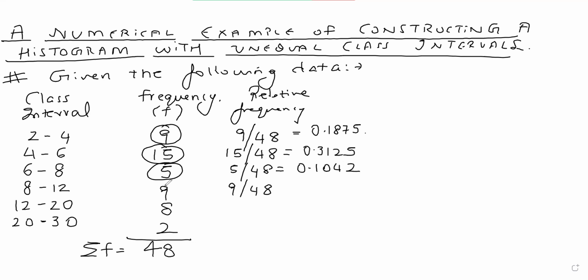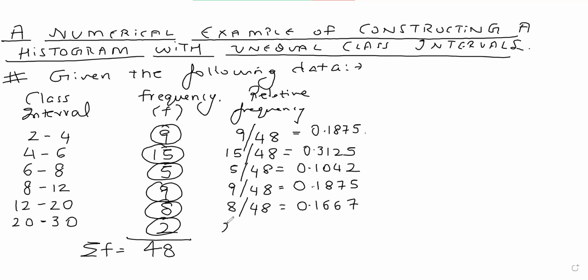Then 9 divided by 48, which is 0.1875. Then 8 divided by 48, which is 0.1667. 2 divided by 48, which is 0.0417.